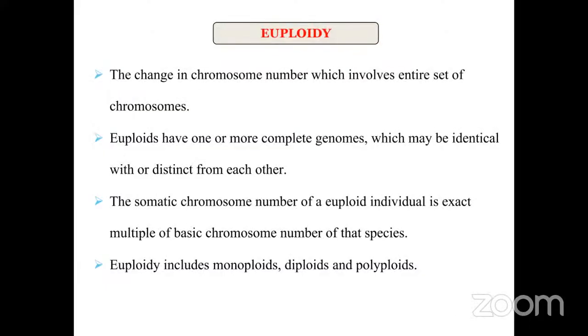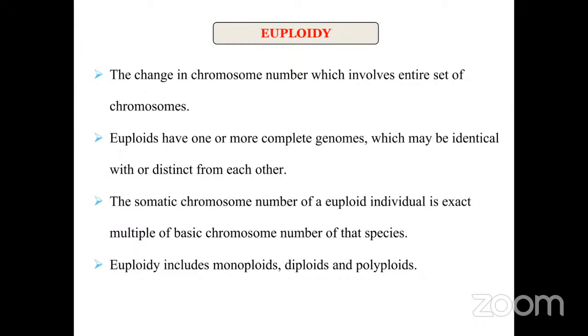Euploidy means the change in chromosome number which involves the entire set of chromosomes. Euploidy has one or more complete genomes, which may be identical with or distinct from each other, because euploidy also has types like autopolyploidy and allopolyploidy.